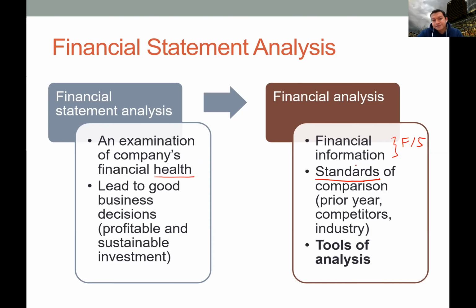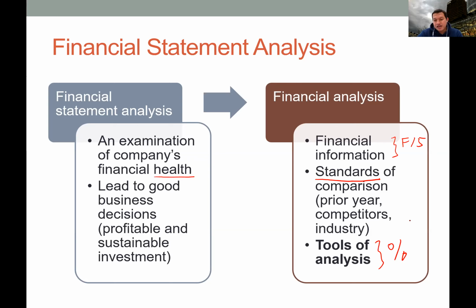In our analysis, lastly, we need the tools of analysis. We need the tools that we are going to use to analyze the company's performance. Basically we will use ratios as our tools.